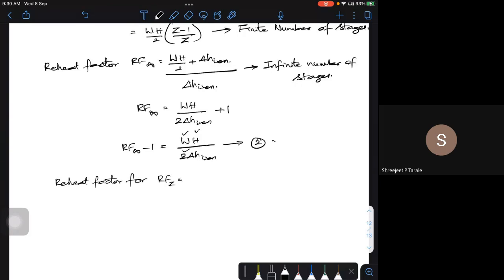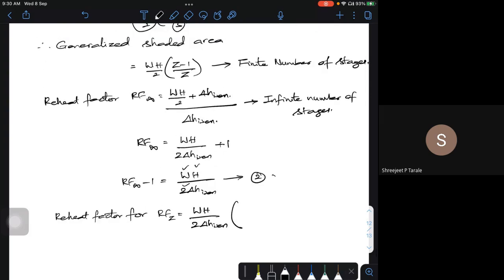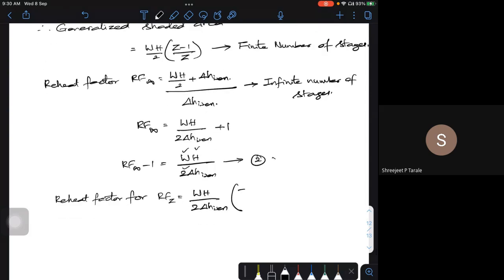This will be your WH by 2 times your isentropic, and the extra factor there is Z minus 1 by Z. The same exercise: this is for an infinite number of stages, and this is for a finite number of stages.